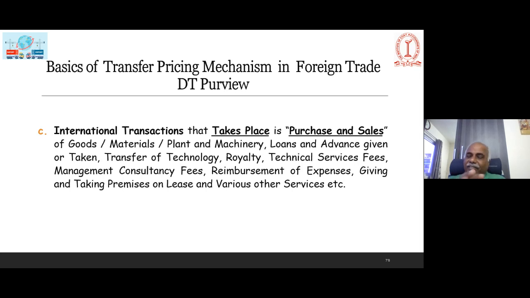All are linked to the transfer price mechanism. The transfer price mechanism should be arm's length only, and that is very important.